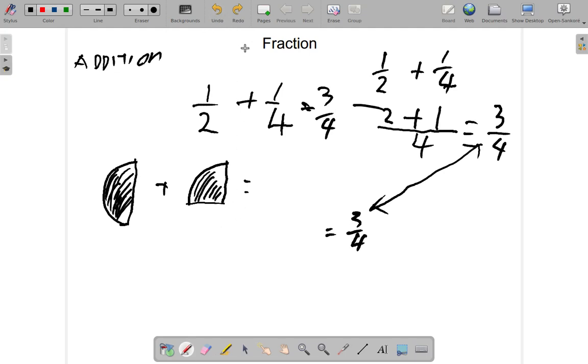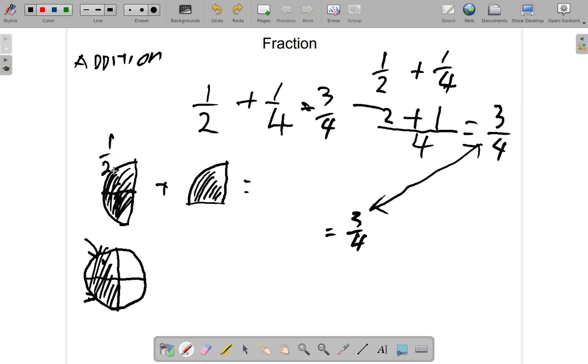Now, using the diagram to add these fractions, look at this half on the left. Before I erased the first circle, this half is really 2/4. 1/4 here and another quarter here. So this half is really 2/4.